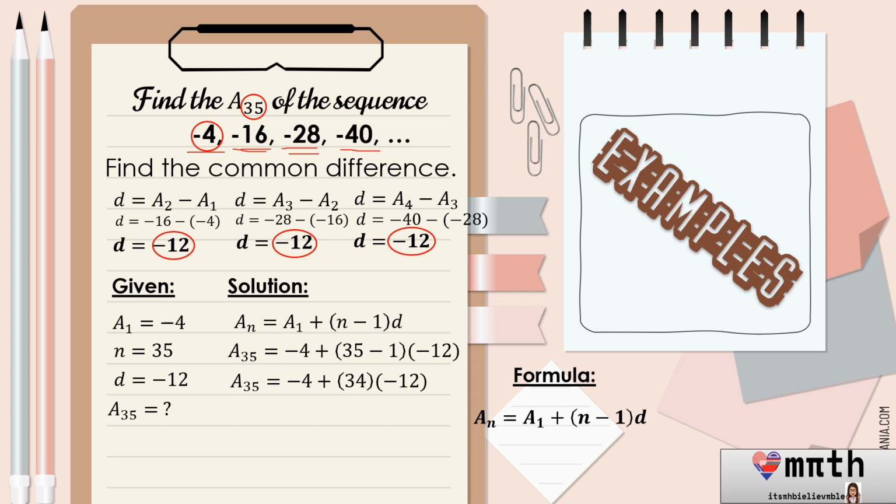Then 34 times negative 12, that is negative 408. Then, simplifying negative 4 minus 408, that is negative 412. So, our a sub 35, or the 35th term, is negative 412.